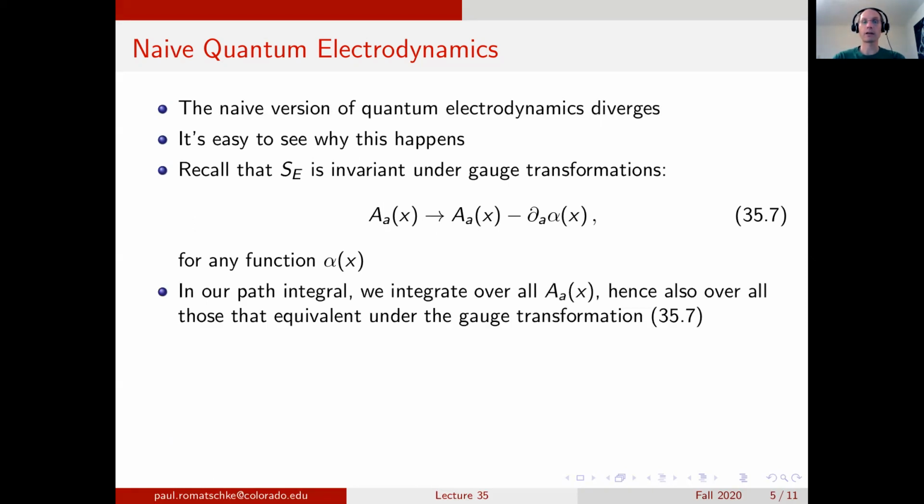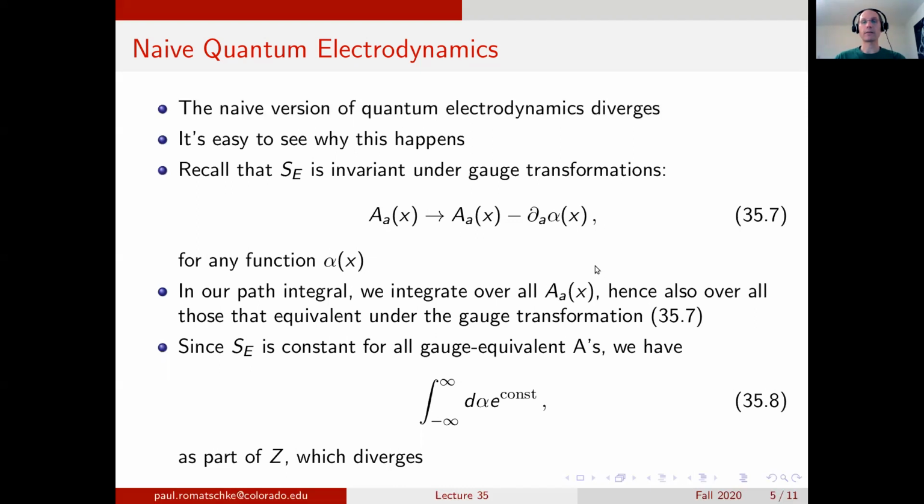And in our path integral, we integrate over all functions A, or all fields A. So that means that there are a large number of gauge field configurations that have the same action S_E because they all correspond to a class of gauge fields that can be found under these gauge transformations.